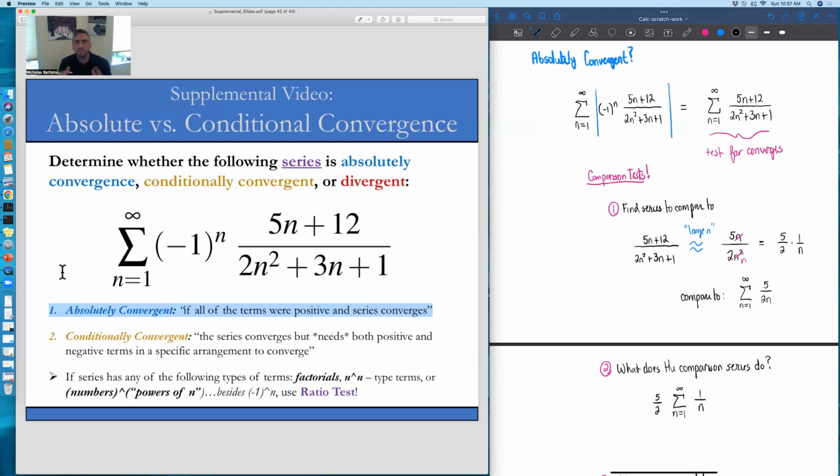Remember, most of the time we're comparing to either a geometric series or a p-series. In this case, this is a p-series with p equals 1, which tells us it diverges. Also, we can see that this is actually the harmonic series, so we know it diverges as well.